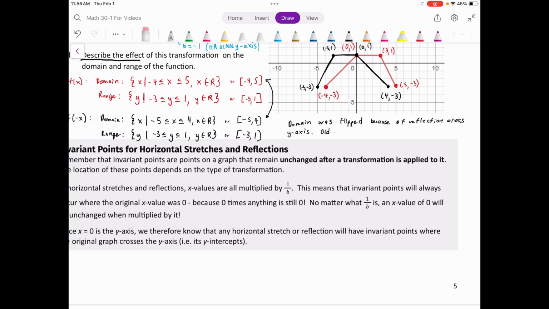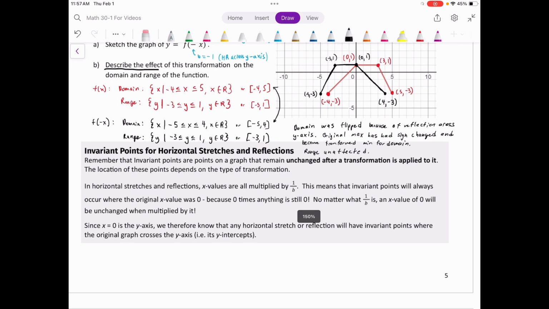Original max has had its sign changed and become transformed min for domain, right? Which makes sense. Range, unaffected. We didn't do anything to the y values if all we did was horizontally reflect it across the y-axis. All right, so there we go.